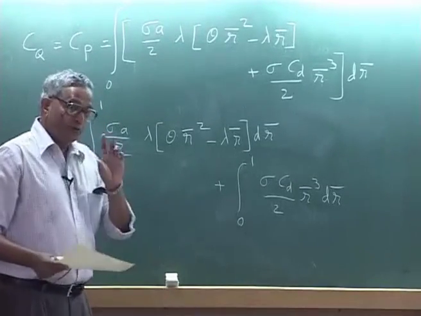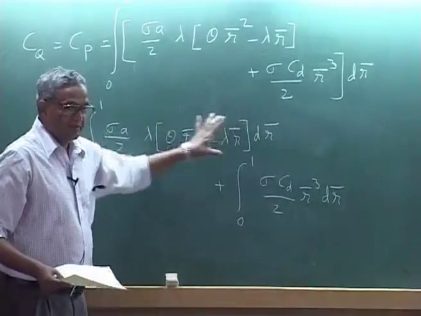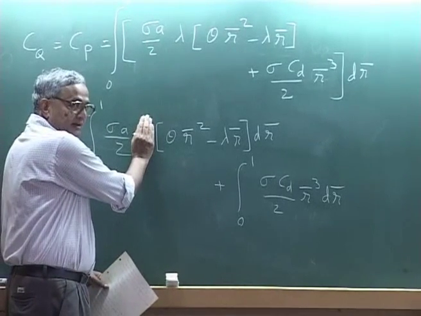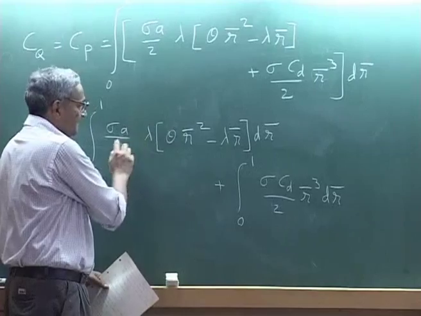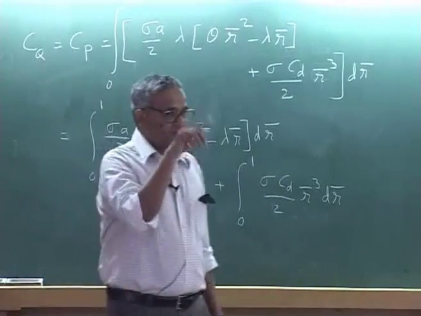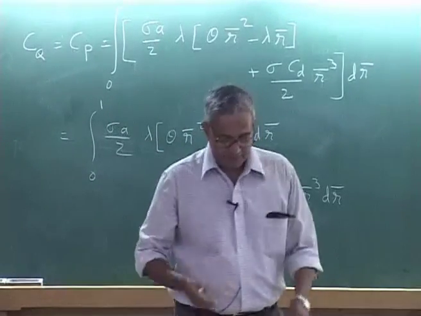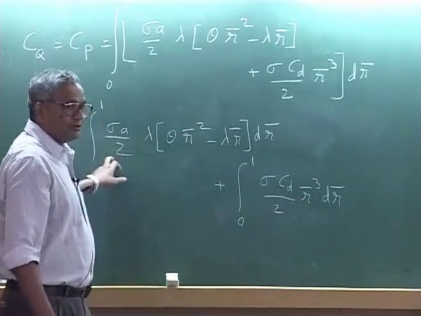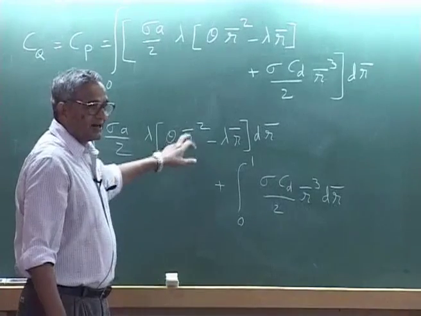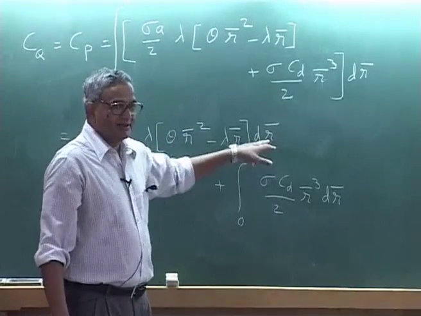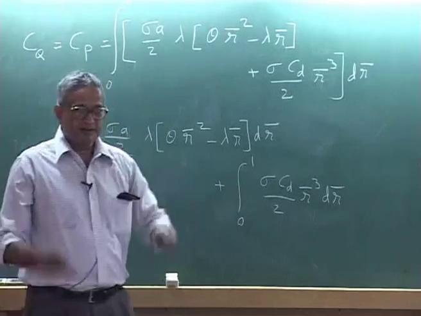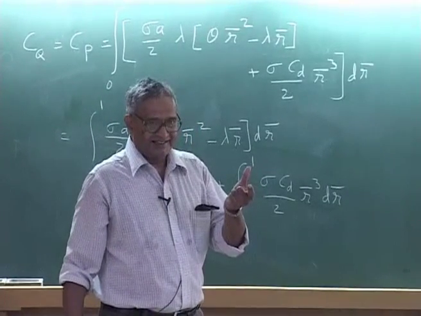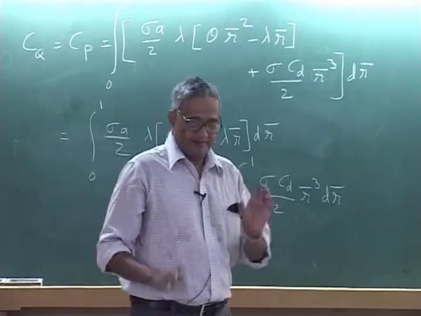Now, if you look at this particular expression, leave out the lambda. This is nothing but differential of thrust coefficient, because if you look at that, earlier last class I derived sigma a over 2 theta r bar square minus lambda r bar d r bar, I wrote it for the integral, that is Ct. Okay. Is it clear?